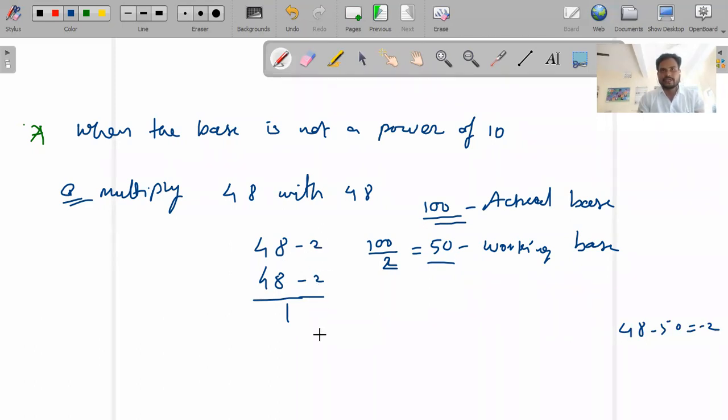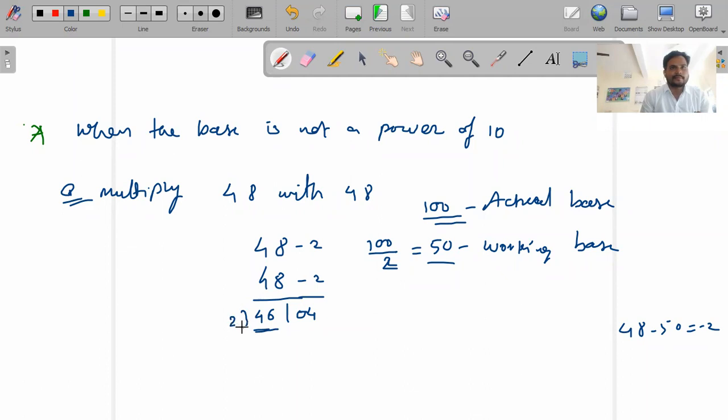What is the multiplication here? 04, because the actual base is 100. And what about this subtraction here? 46 will be there. And now this working base will act here: you have to divide this left-hand side by 2.